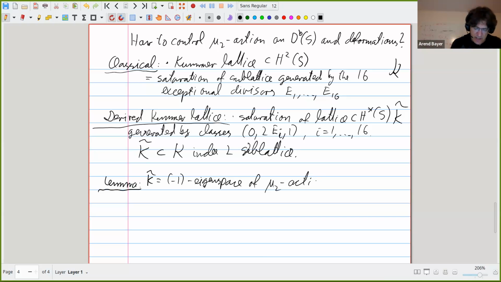Right, so mu2 acts on the derived category of S, and then it has an induced action on H^* of S. So I can look at its invariant space, and orthogonal to that will be the -1 eigenspace, and I claim that this is the -1 eigenspace. That basically follows from the results by Beckmann and Oberdieck, which describe the involution generating this C2 action. This is an easy computation.